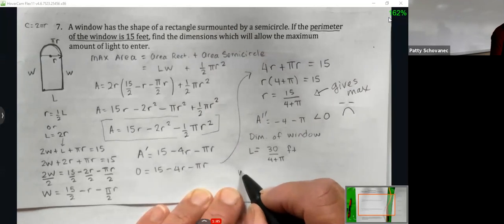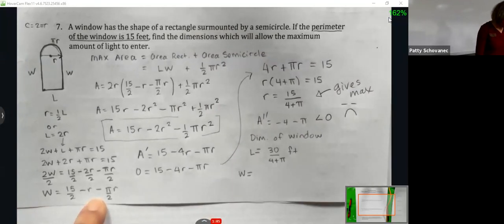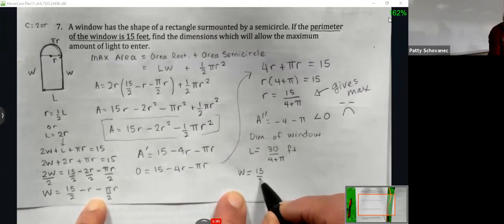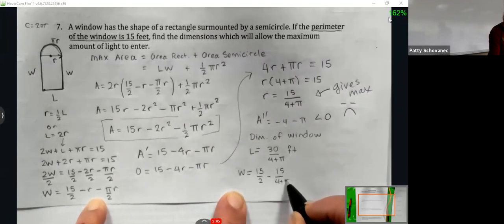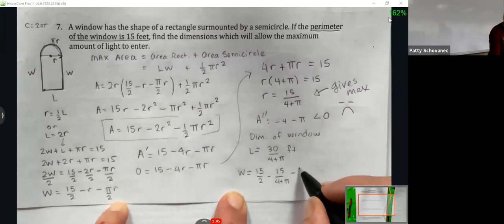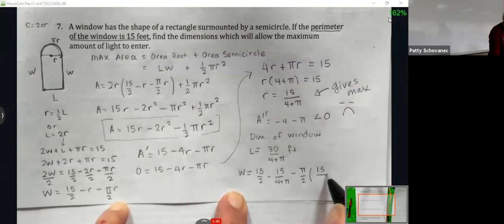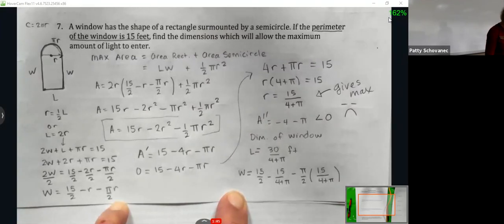The width is this number down here, 15 halves minus r minus pi over 2 times r. And then the radius.